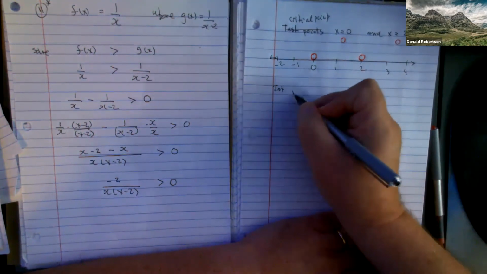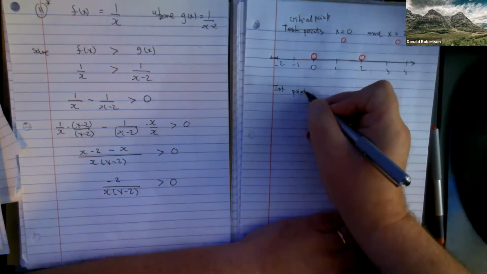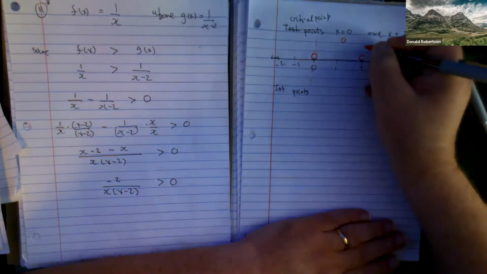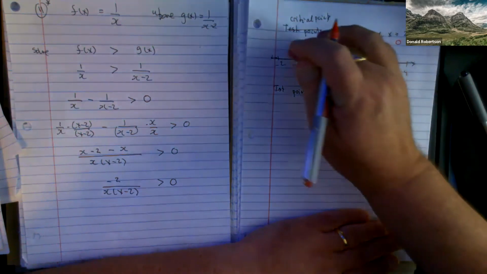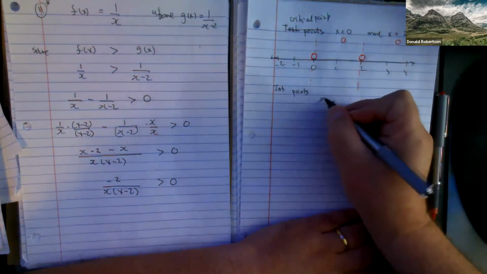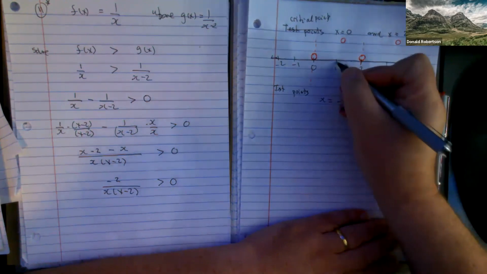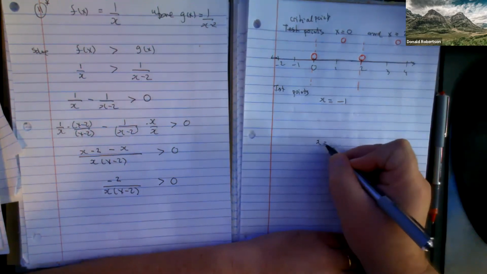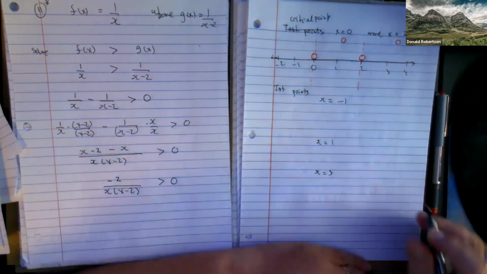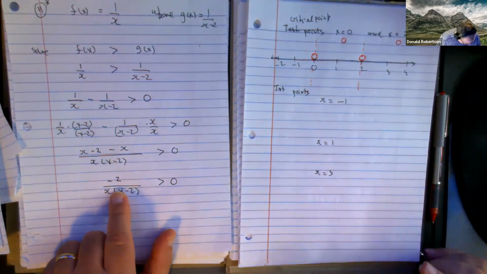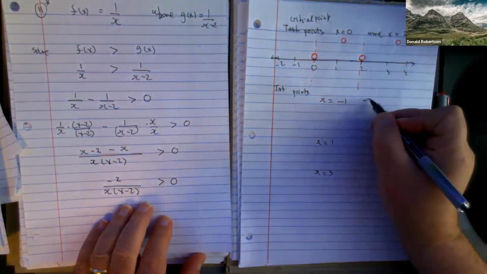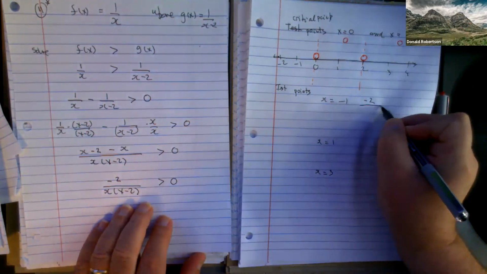The test points come from each of these three regions. So I'm picking x equals negative 1. On the second one, I'm going to pick x equals 1. And in the last one, I'm going to choose x equals 3. The guy we're going to be dealing with is this fraction here. So we have a negative 2 on the top.